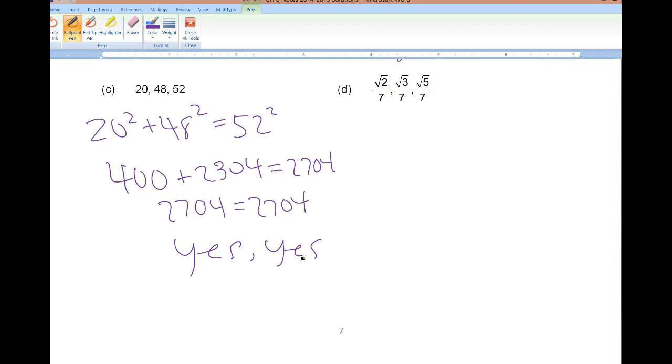Okay, so Elad got 2,704 for both sides. So yes, it's a right triangle. Yes, it's a Pythagorean triple because they're all whole numbers. All right, try the next one.